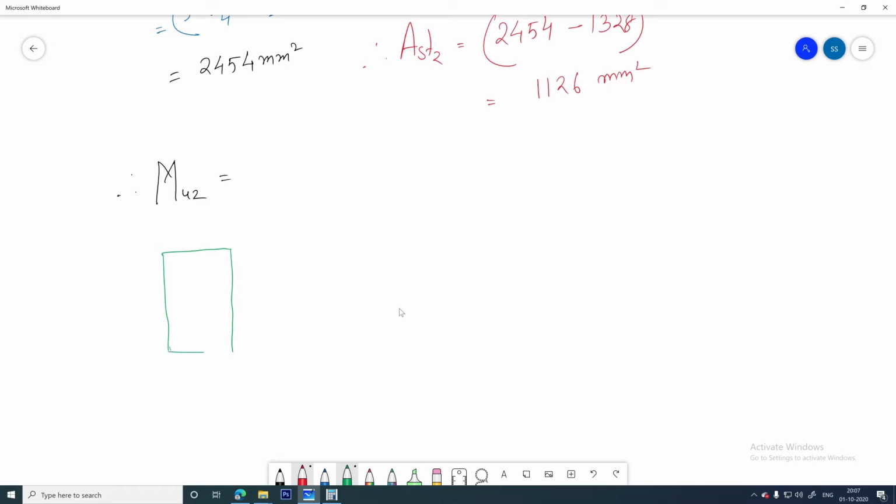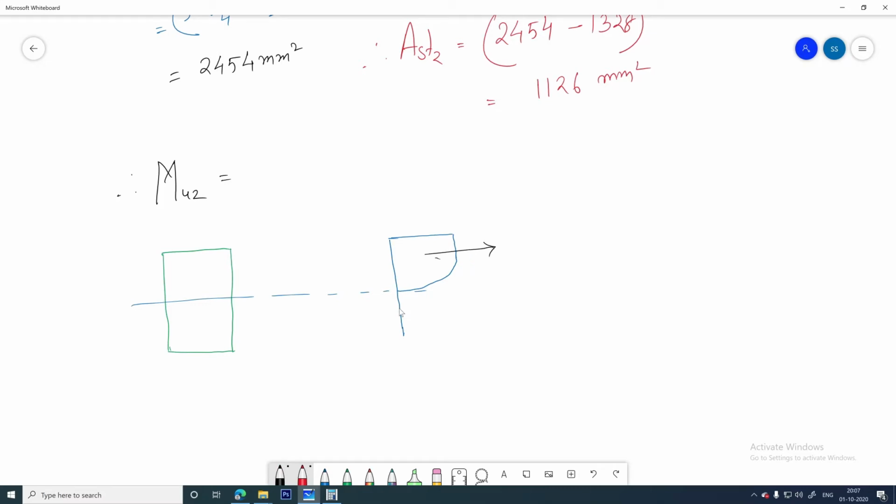This is basically the beam, and if I draw the stress block diagram, up to a certain distance it is a straight line, then here it is something like this.